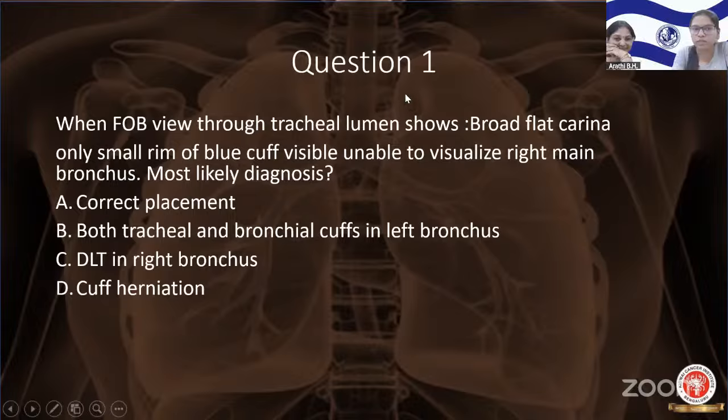Question number 1. When a fiber optic bronchoscope view through the tracheal lumen shows a broad flat carina with only a small rim of blue cuff visible, unable to visualize the right main bronchus, what is the most likely diagnosis? A, correct placement.